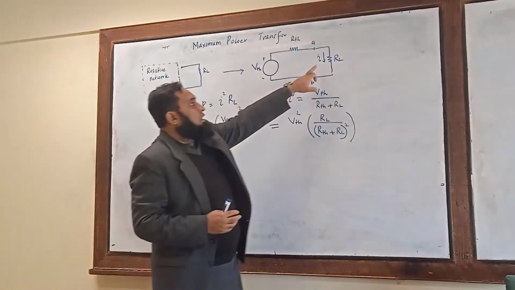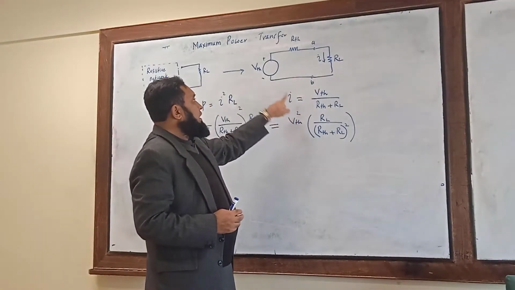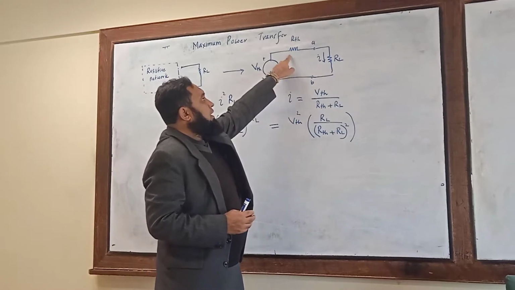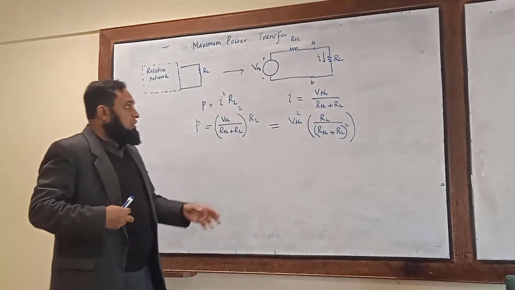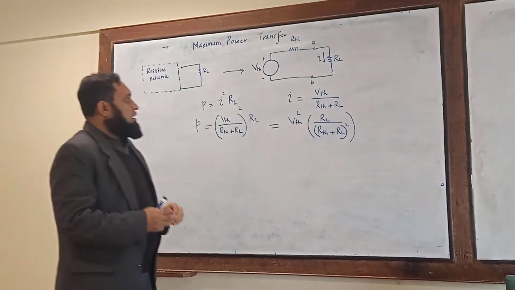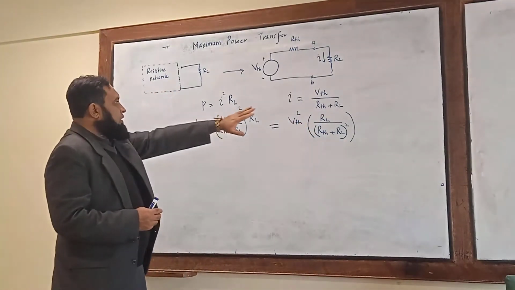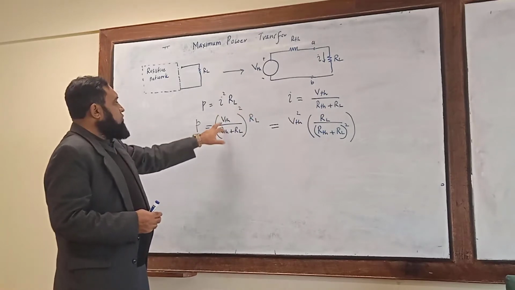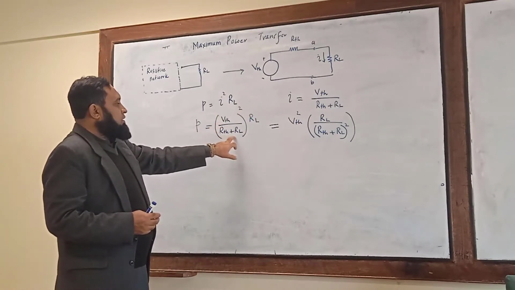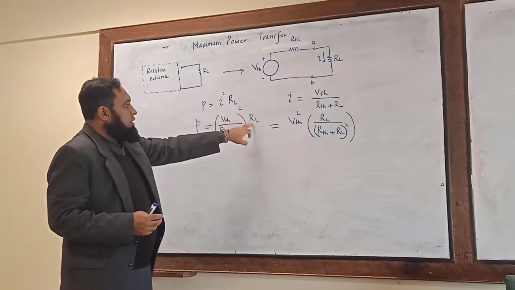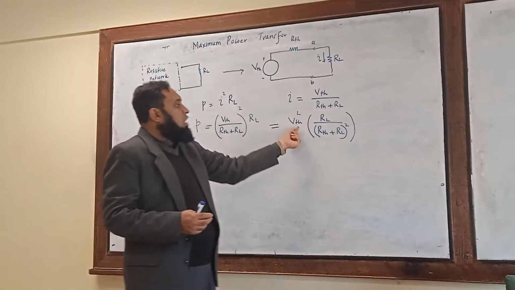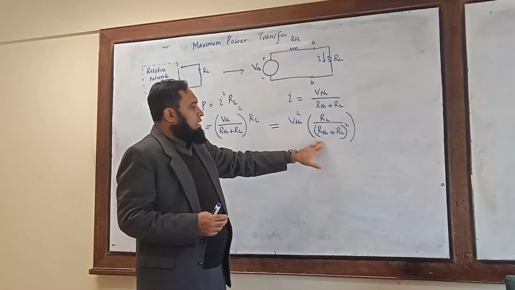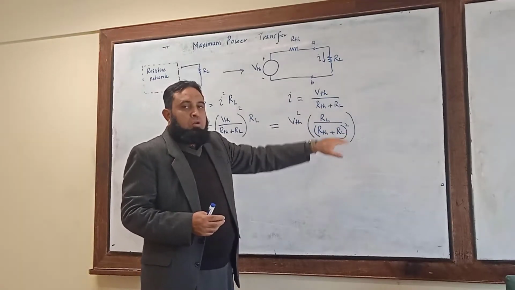I can be computed as VTH divided by RTH plus RL, because RTH and RL are connected in series. Substituting this, you have VTH over RTH plus RL whole square, into RL. Taking VTH square out, you have RL divided by RTH plus RL whole square.